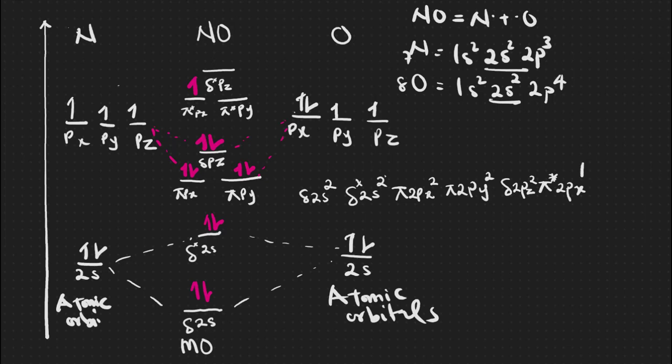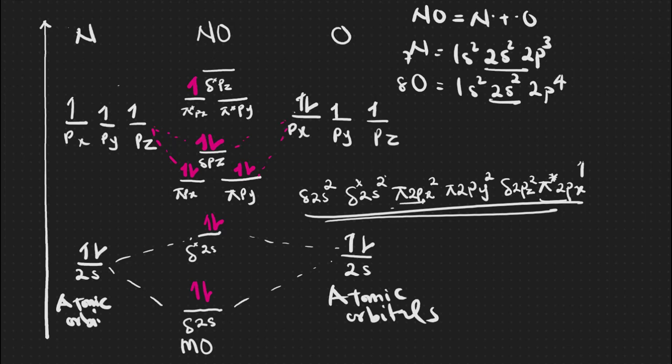So this is the molecular orbital electronic configuration. We have sigma 2s, we have 2 electrons there. Then sigma anti-bonding 2s, 2 electrons there. Then we have pi 2px, 2 electrons, and we have pi 2py, 2 electrons, sigma 2pz, 2 electrons, anti-bonding pi 2px, and there's only 1 electron there.